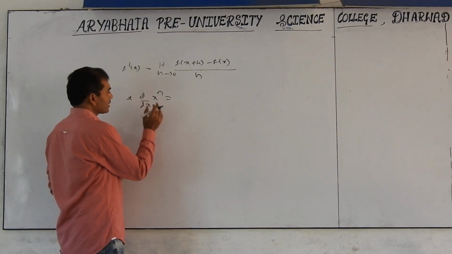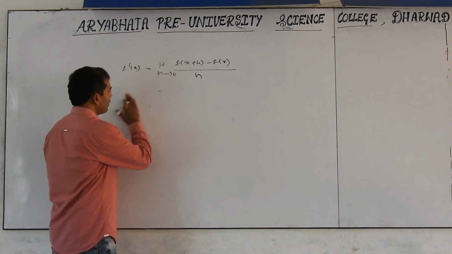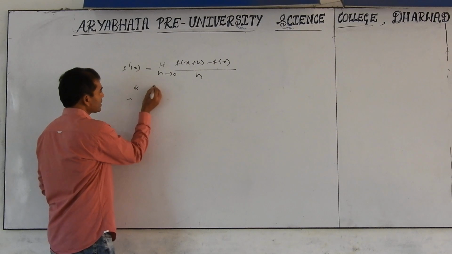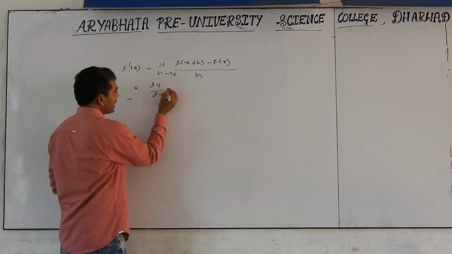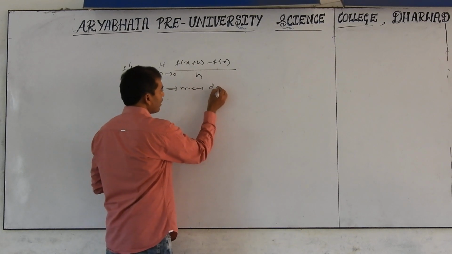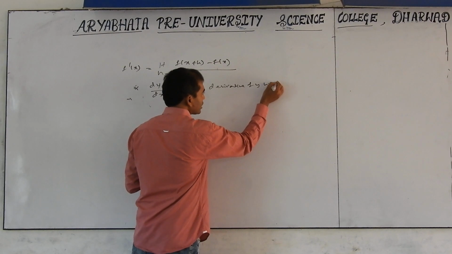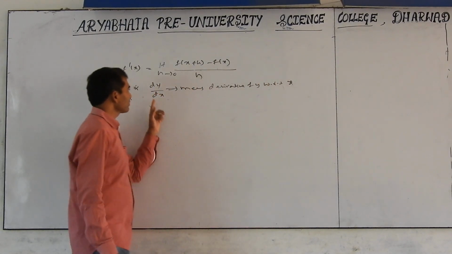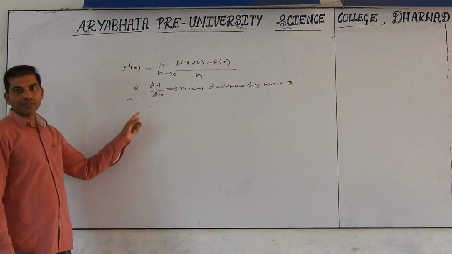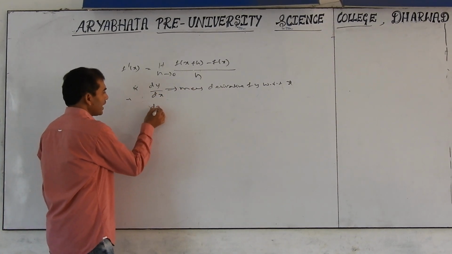d by dx of x raised to n. Before that, one minute, I will tell you about dy by dx. What is the meaning of dy by dx? It means derivative of y with respect to x. What about dx by dx?